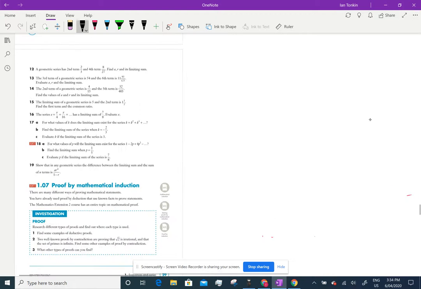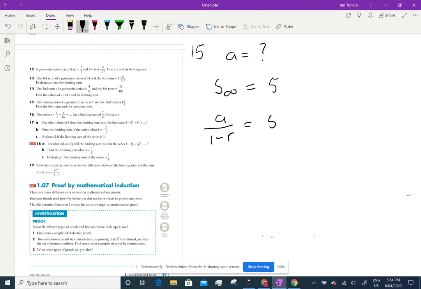So question 15. The limiting sum of a series is 5. Second term is that. Find the first term. So I'm just going to write my information. I don't know what A is. That's what I've got to find. But I know that S of infinity equals 5. So A on 1 minus R equals 5.